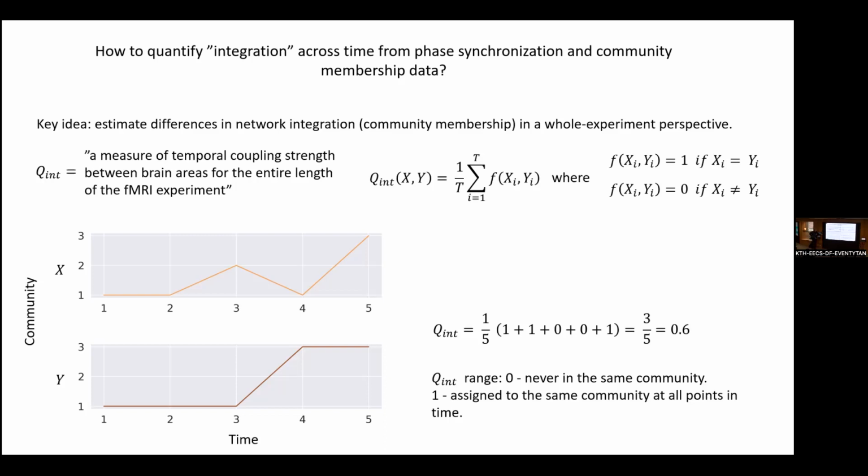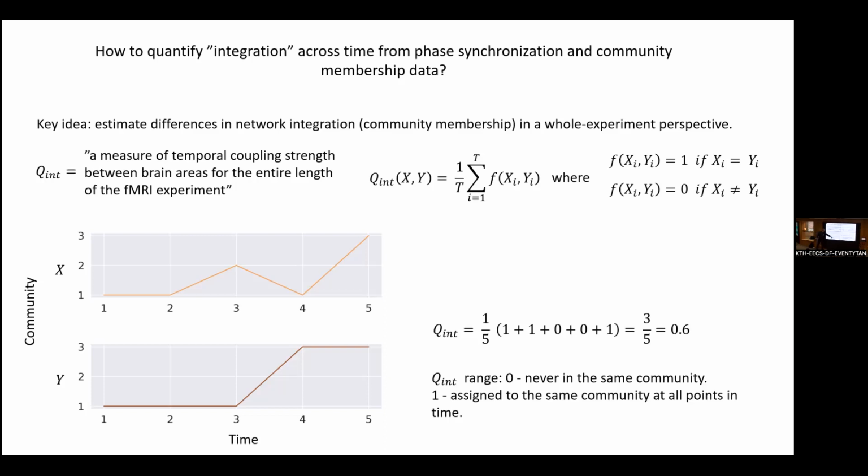This is just to show you a very simple example. Let's say we have two brain parcels. We have done the community detection, so each brain parcel has been assigned to a community, in this case three different communities. At each time point, we compare: are they in the same community? Okay, they get a 1.